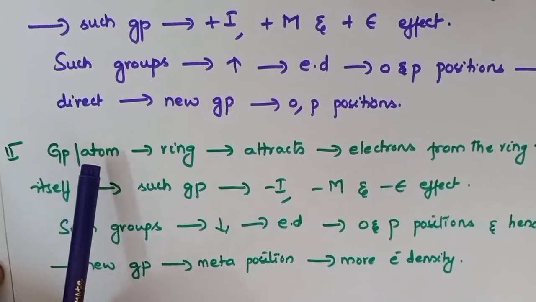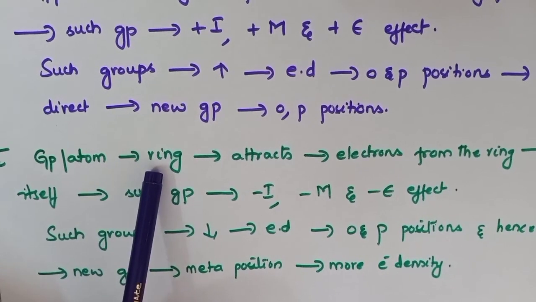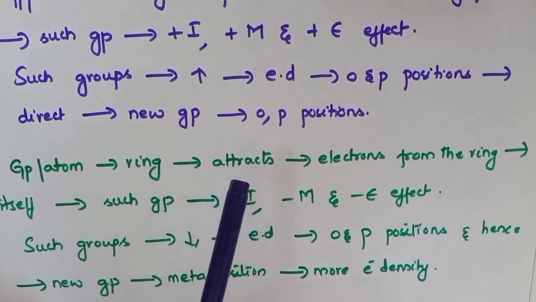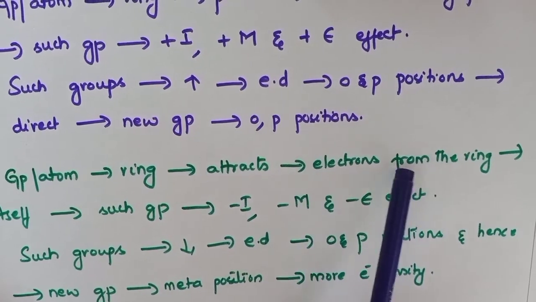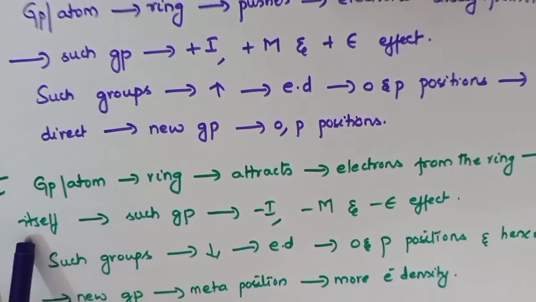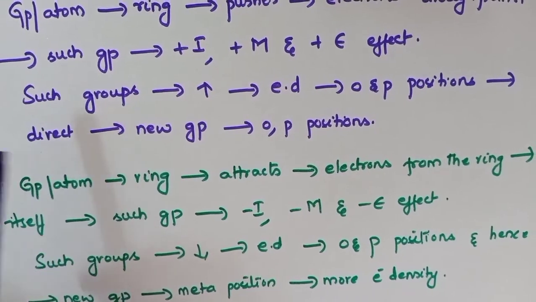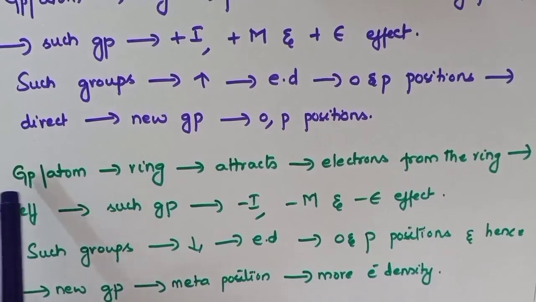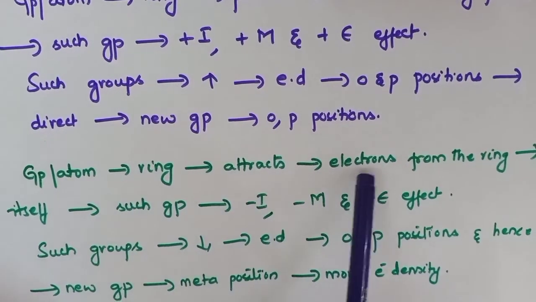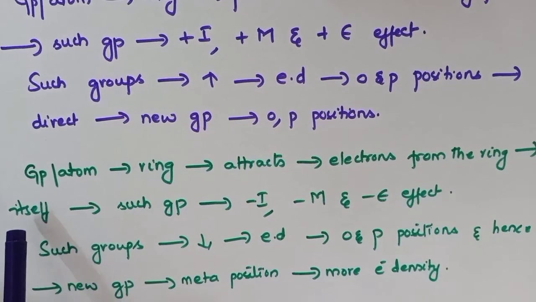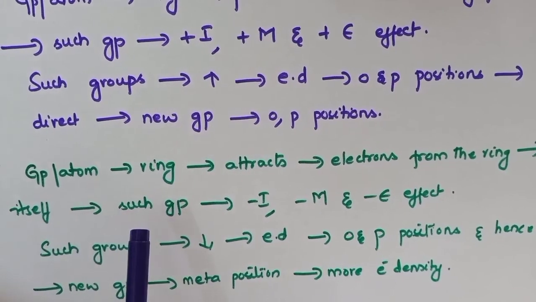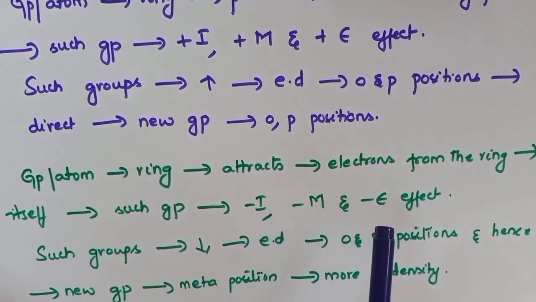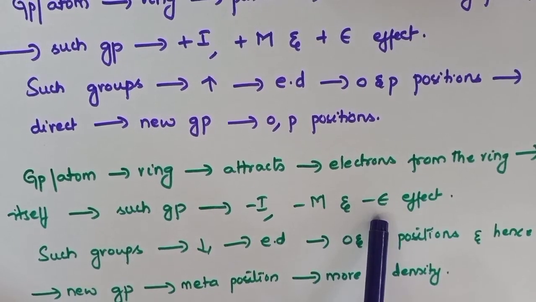Suppose the group or atom which is already present on the ring is pulling or withdrawing or attracting the electrons from the ring towards itself. Here, in the above case, they were pushing the electrons away from it towards the ring. But here this group or atom attracts the electrons from the ring towards itself. Then we can say that such a group is showing minus I, minus M and minus E effects.